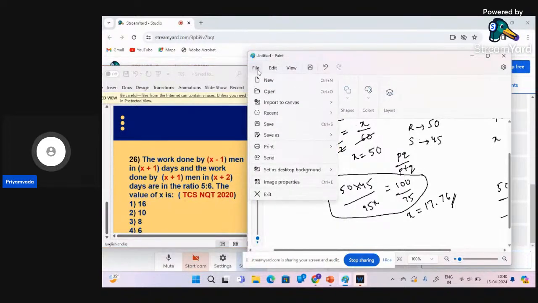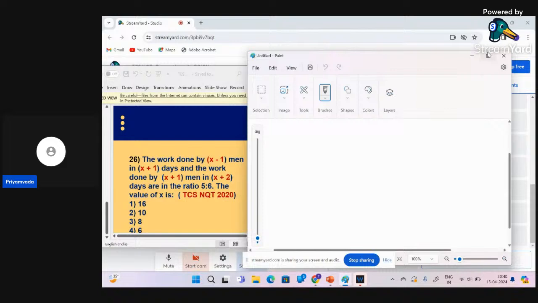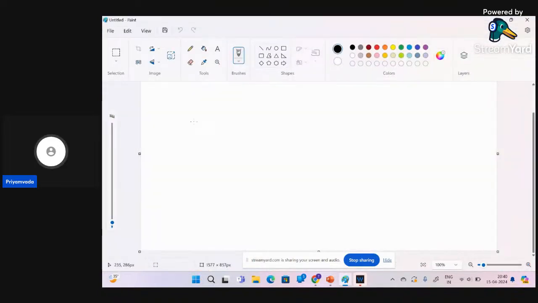Before I go into solving this question, I want to give you a small gist of how this works. There are three things that matter in time and work: the time taken to complete the work, the work that is given, and the number of people working on it. Let us consider the first case, where time is constant.